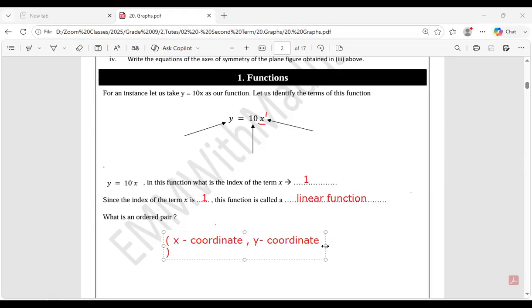So this is called an ordered pair. Or you can simply give it like x comma y. This is called an ordered pair.